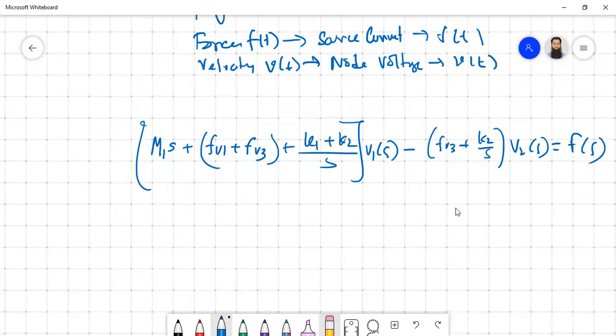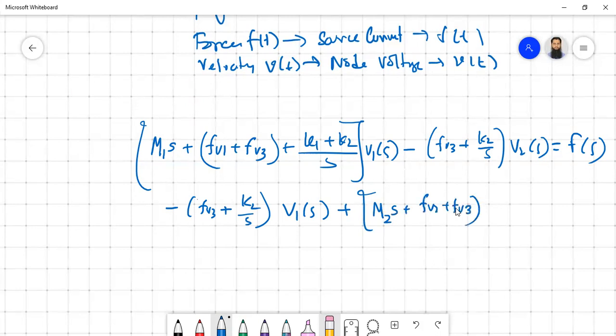This was your equation 1, and equation 2 was minus (fv3 plus K2/s) V1(s) plus (M2 s plus fv2 plus fv3 plus (K2 plus K3)/s) V2(s) equals 0. Now we have these two equations.